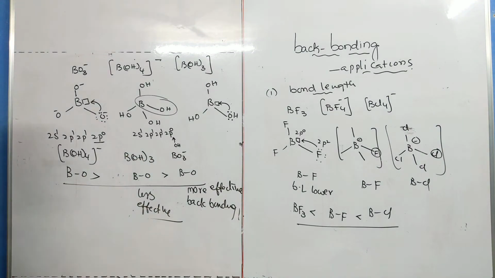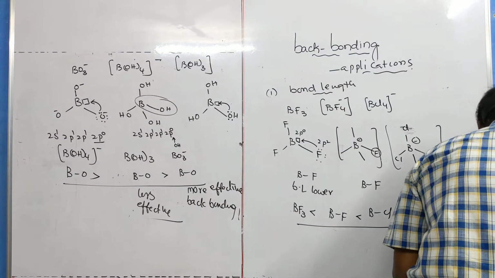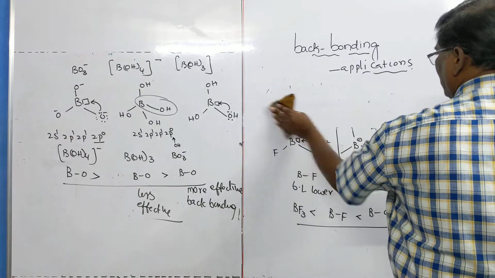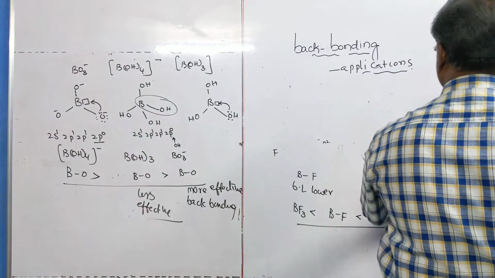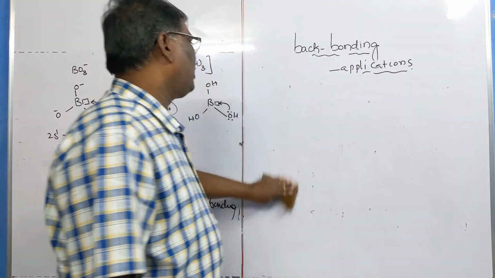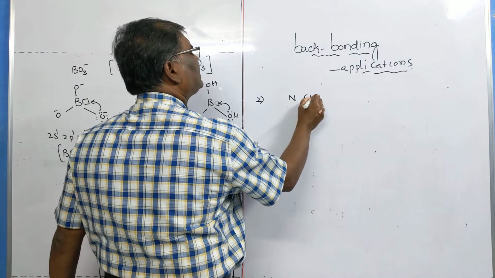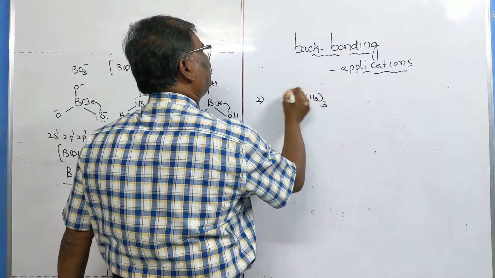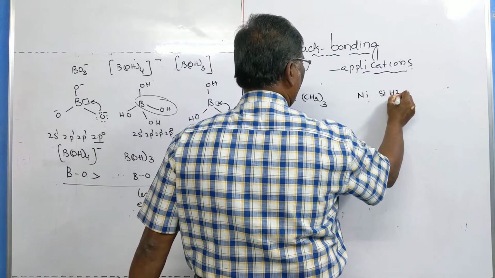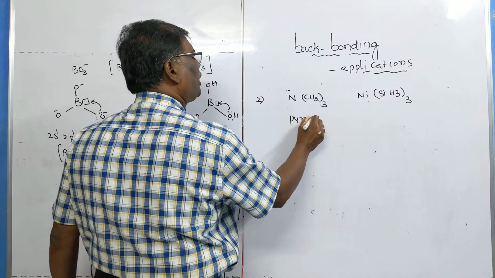Clear? Now next we are going to explain another application, that is the shape of the molecule or species. I am taking N(CH3)3 and N(SiH3)3. Now N(CH3)3 has a pyramidal shape.